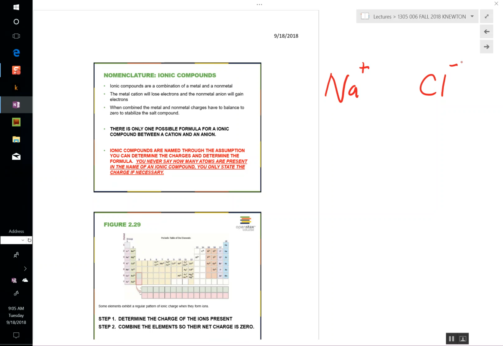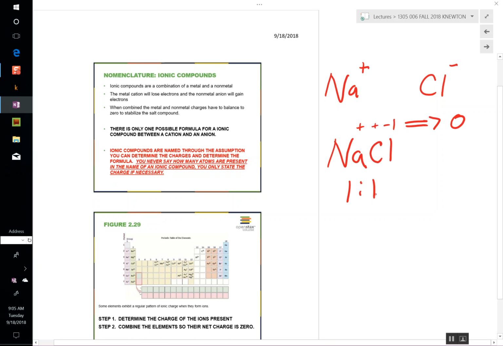The bottle's going to be neutral. There's going to be an equal number of positive and negative charges in the bottle. Not positive and negative ions, but the total positive charge is going to equal the total negative charge. So one of these goes together with one of those, a +1 plus a -1 is neutral. That is why this is a 1-to-1 ratio.